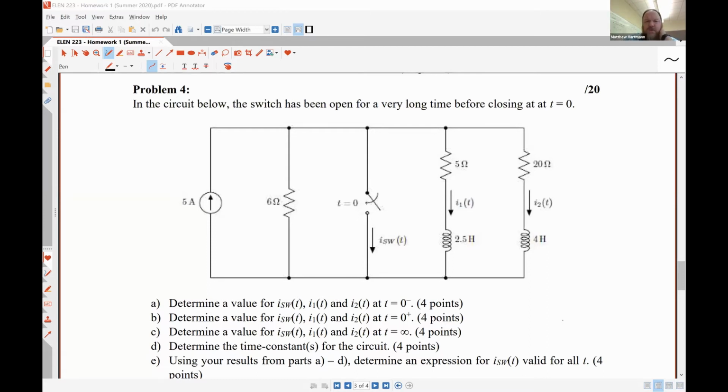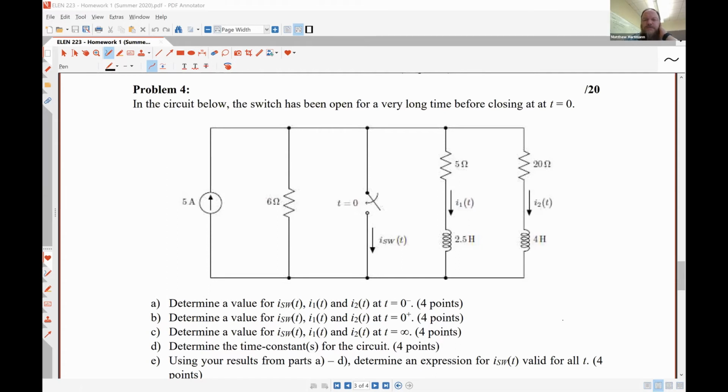So in problem 4, we can see that that switch closes at t equals 0, putting a short circuit in the middle of the screen. Do you guys see that? Yes. Great. So this is going to be a natural response style problem then, because that short circuit is effectively making that 5 amp source on the left-hand side of the circuit not be able to affect either of the inductor currents.